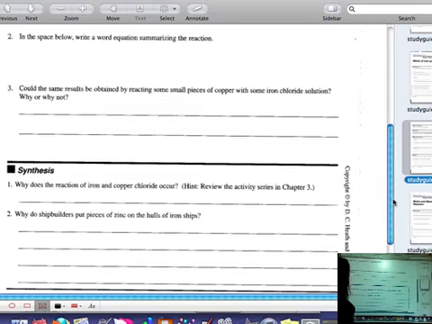Okay, so moving on to question number 2 in the analysis and conclusion section, it's asking you to write a word equation summarizing the reaction. So I've given you the formula, the chemical equation.